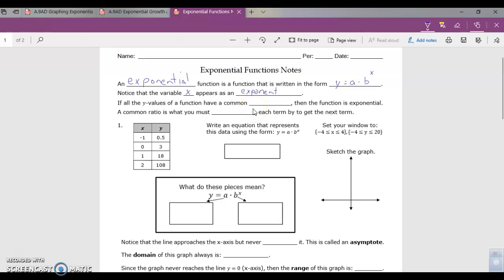If all the y values of a function have a common ratio, then the function is exponential. A common ratio is what you must multiply each term by to get the next term.